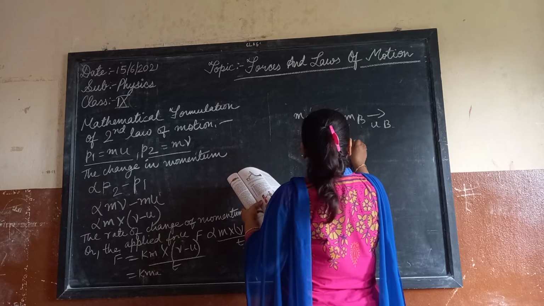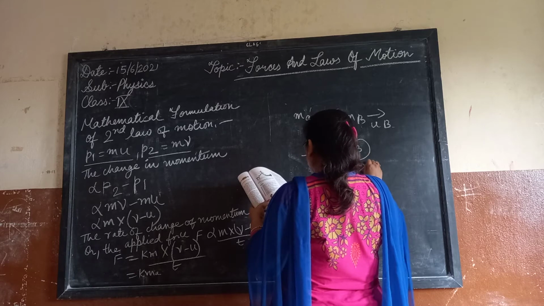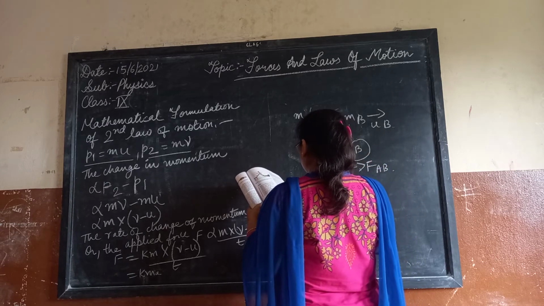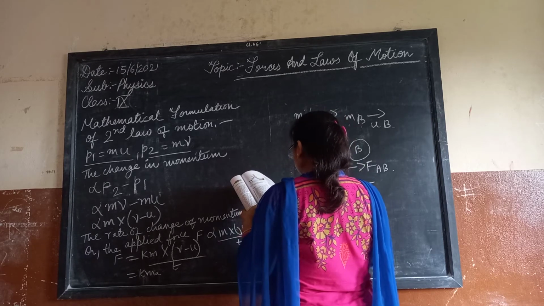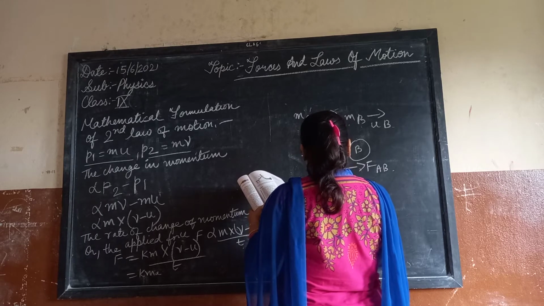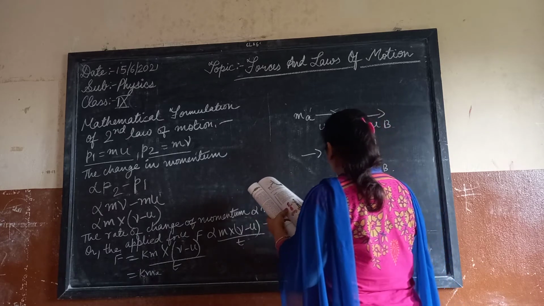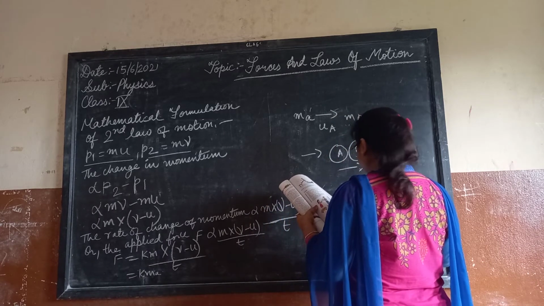The first will collide with the second, A and B. The force from A to B is F_AB, and from B to A is F_BA, and thus they collide. After the collision, m_A will have velocity v_A, and m_B will have some velocity given by v_B.